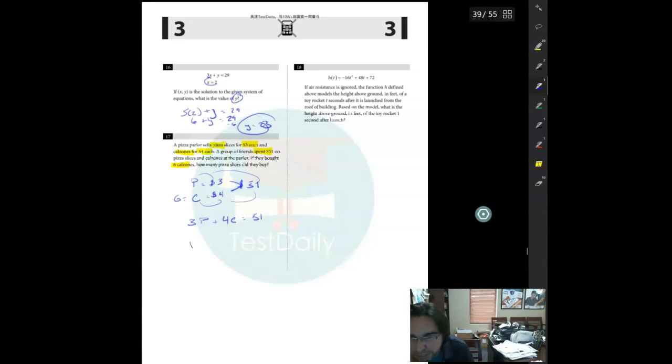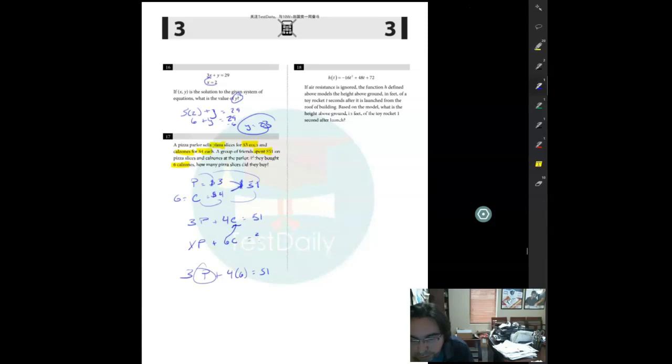And then we have some value of P plus 6C equals some unknown value of how many they bought. Okay, so a little bit incomplete here. Oh, well, we know they bought 6 calzones, so we can put the 6 right there. So let's complete this. That's going to be 3p plus 4 times 6 equals 51. And that'll help us solve for the number of pizzas.